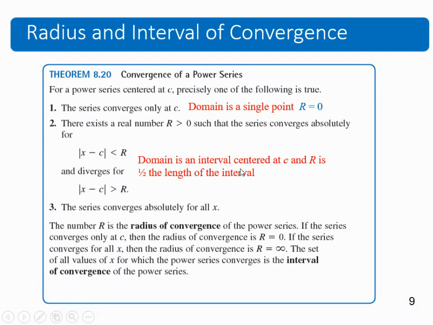And when you have this situation, you have an interval of convergence, which is centered at C, and your radius r is half the length of the interval. And then, of course, if the series converges absolutely for all x, then your domain is negative infinity to infinity, and your radius is infinity.